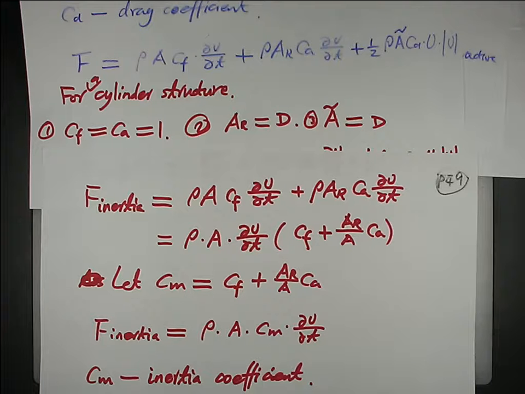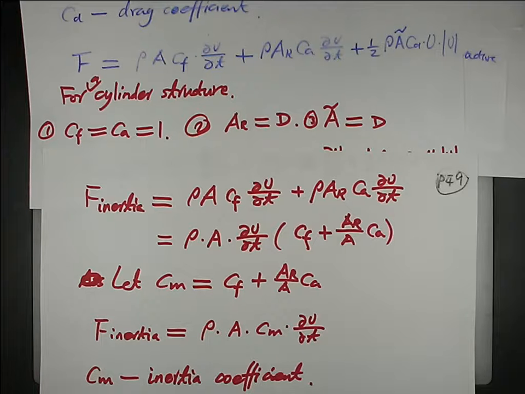Please observe this equation. How can we do the calculation? Density is known. A, the cross-section area, is known. Velocity and acceleration we can measure; you use a transducer to measure the flow velocity and acceleration.